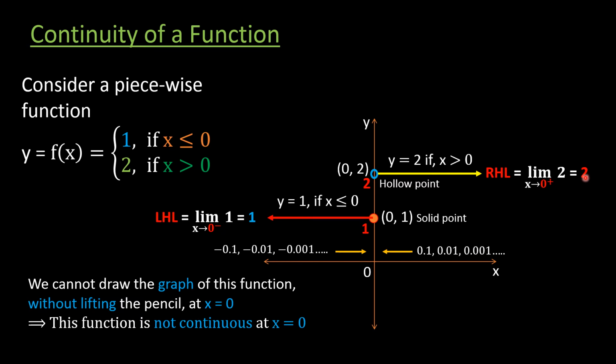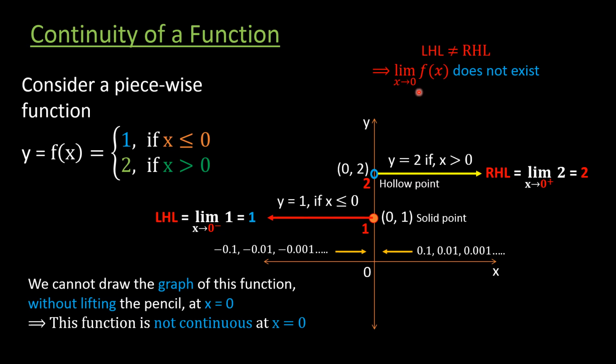We have seen in our other video on introduction to limits that when the left-hand limit is not equal to the right-hand limit, the limit of f(x) does not exist. Here the left-hand limit is 1, the right-hand limit is 2. So the limit of f(x) does not exist as x approaches 0.